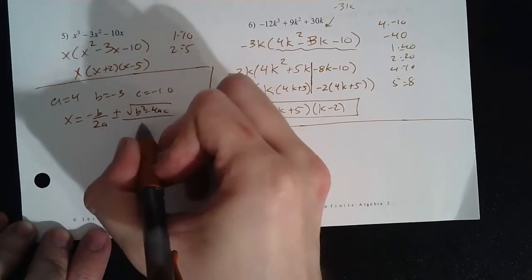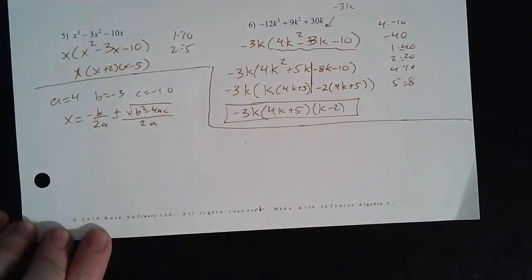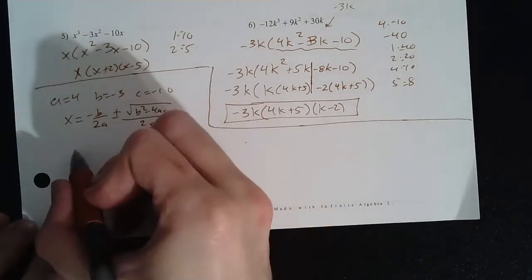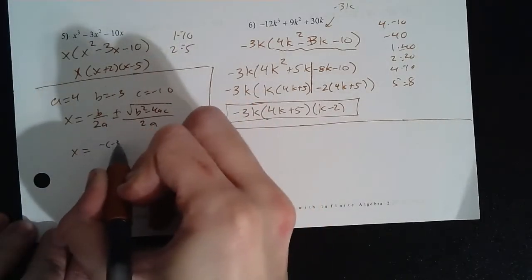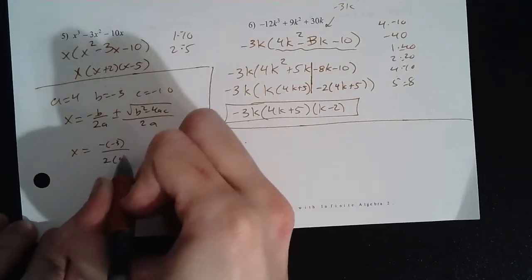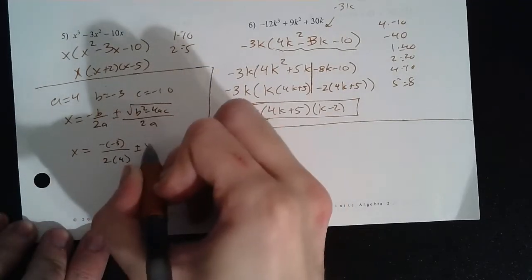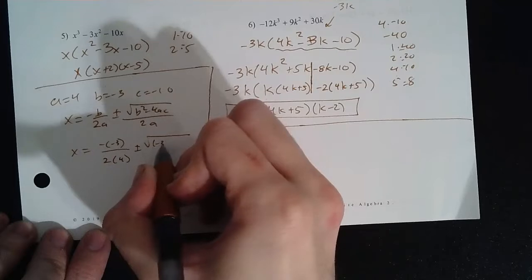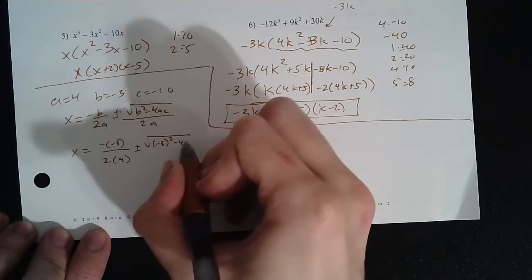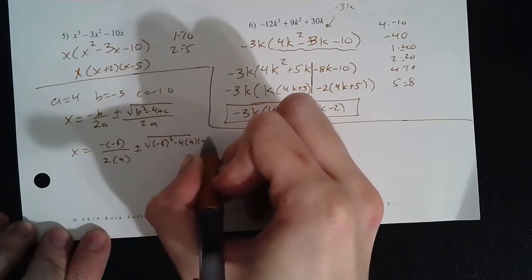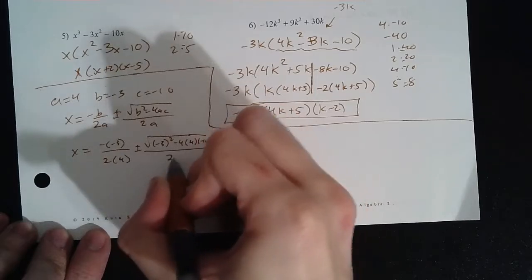B squared minus 4ac all over 2a there. Okay. Plug and chug, just make it x equals negative of -3 over 2 times 4 plus or minus the square root of -3 squared minus 4 times -10, all divided by 2 times 4.